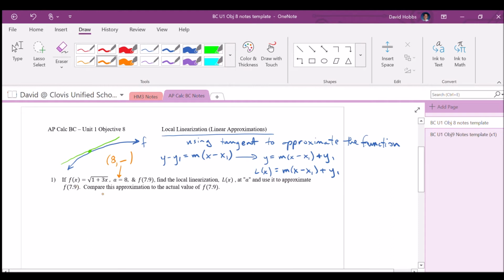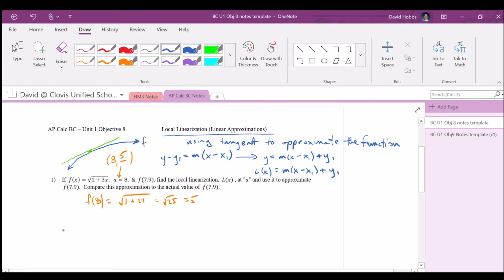So f of 8 is root of 1 plus 3 times 8, which is root 25, which is 5. Okay, so the point of tangency is going to be 8 comma 5, and we need the slope of the tangent line, the derivative.